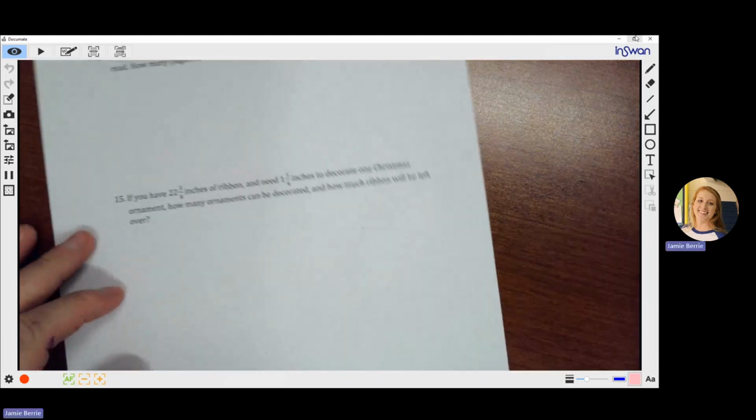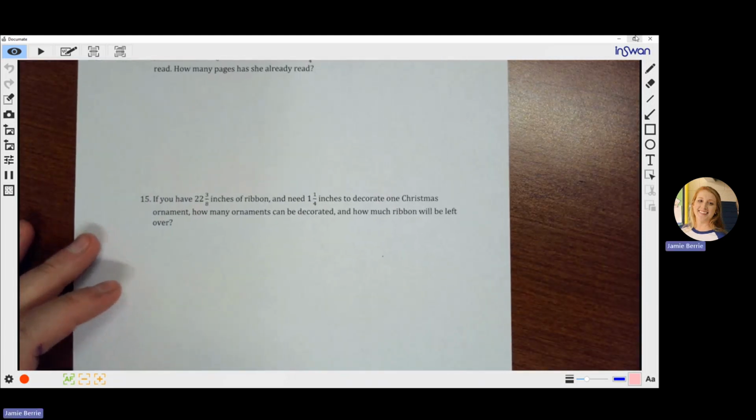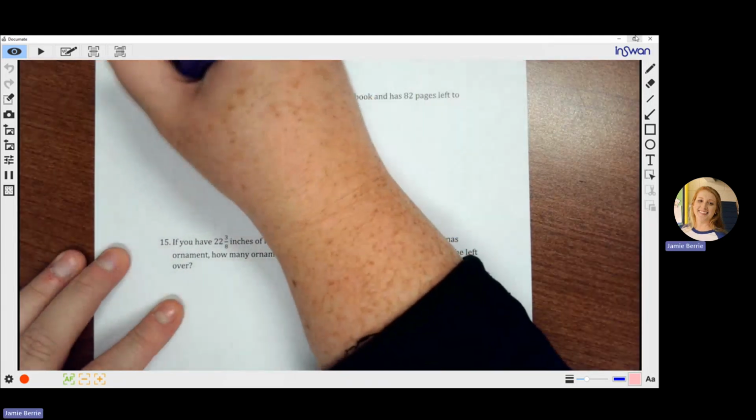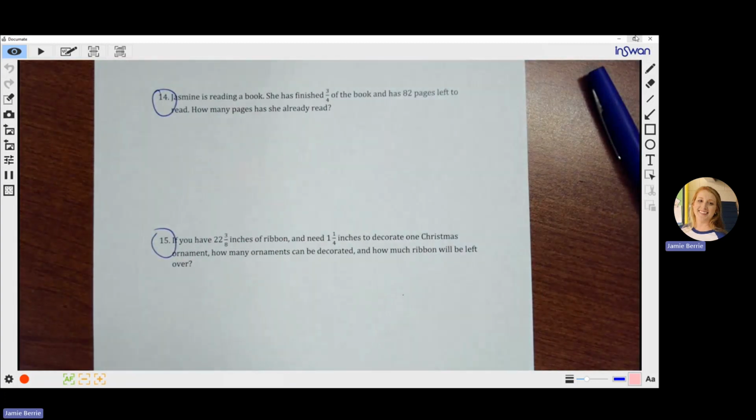All right, and then our last page. I want to say that I'm going to do both of these, so go ahead and circle those. I'm just going to count up really quickly how many I circled. 1, 2, 3, 4. All right, so I'm counting 13 that I've circled.